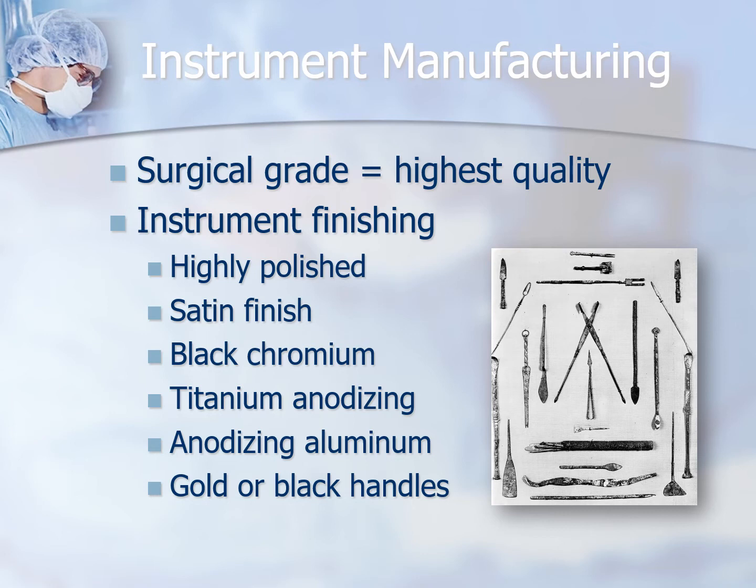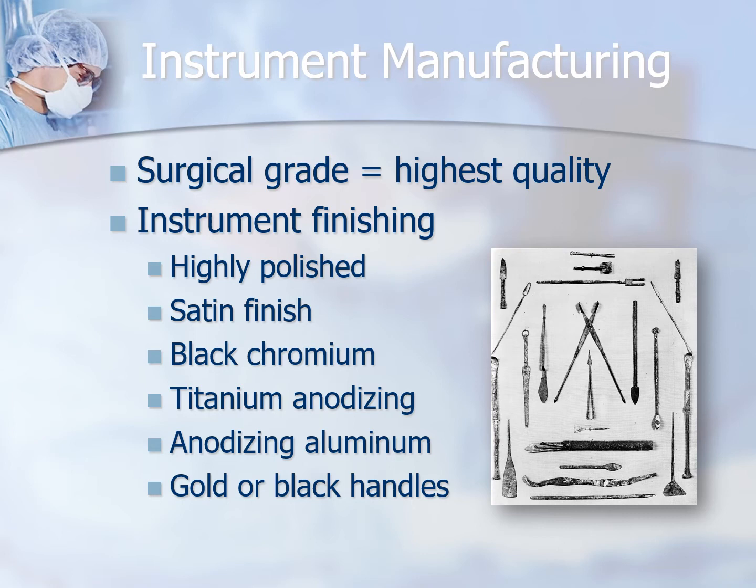So the titanium ones you're going to see are really colorful and really fun. They're like a rainbow of fruit flavors. And then the anodizing aluminum ones are more for the rigid sterilization tray. So it's a little bit lighter type of metal that they use, aluminum that they use.